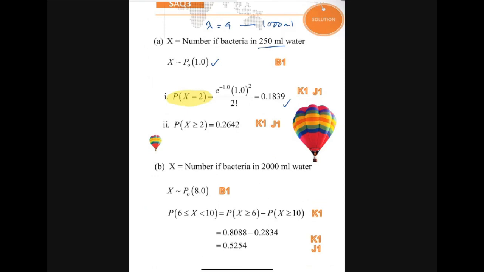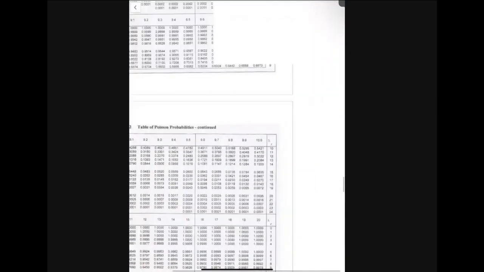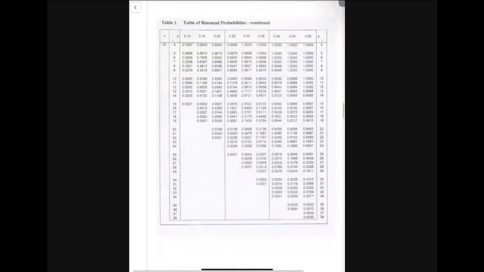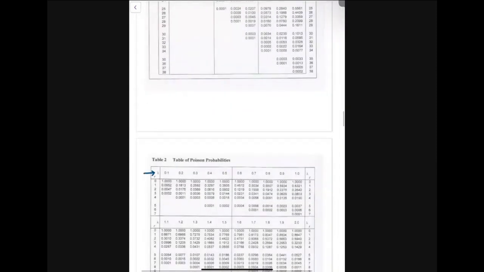0.1839. Okay, and then for the second question, we have to find probability at least 2. So straight away use your statistic table. Okay, referring to Poisson table. Let's go to Poisson distribution. I believe in your statistic table start with page 12. Okay, all right.